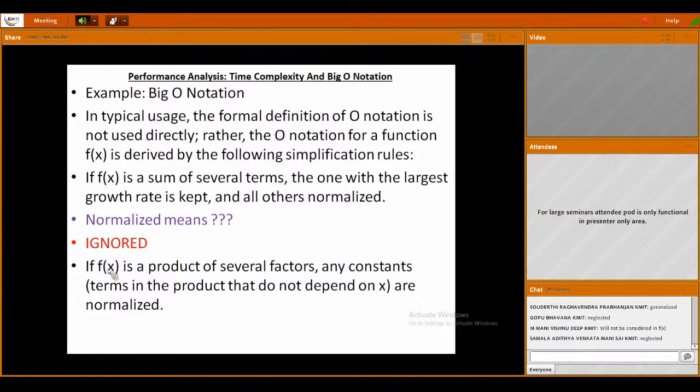The number of times the loop is iterated is what changes the loop time. So that is what fx is. The constant factors are ignored for this reason. So if fx is the product of several factors, any constant terms that do not depend on x are normalized.